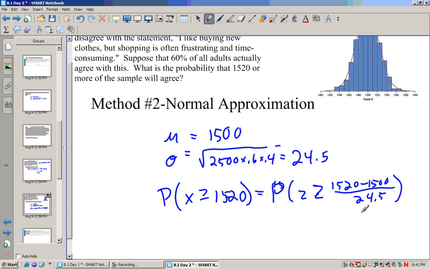So this is probability my z is greater than or equal to 0.8163. And if I do a normal CDF, 0.8163 to a very, very big number, I should get about 0.21.